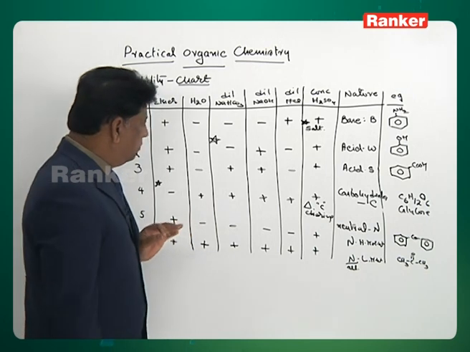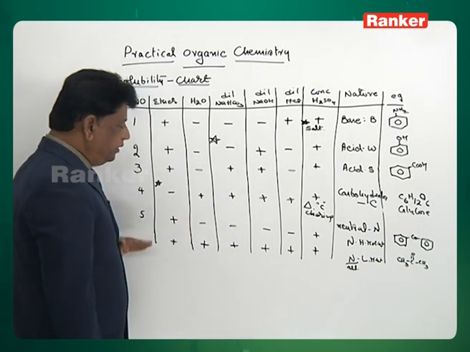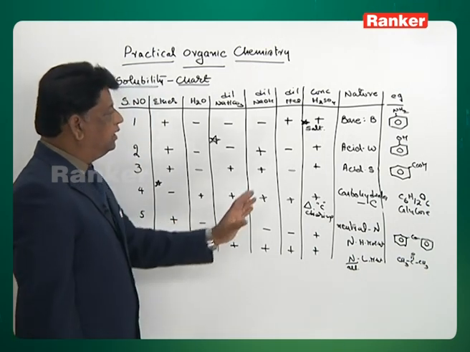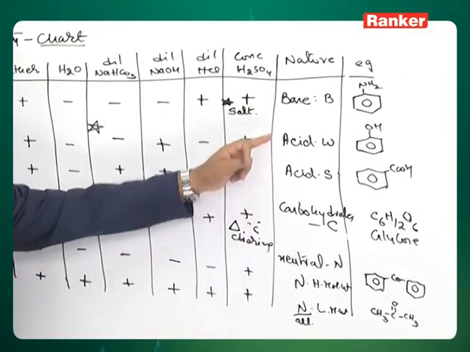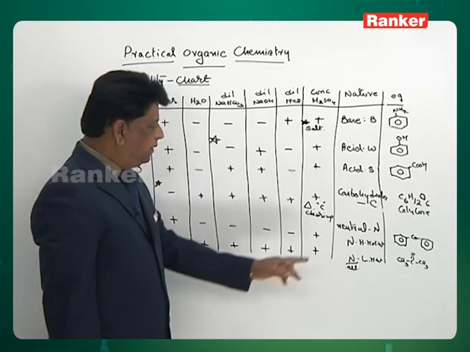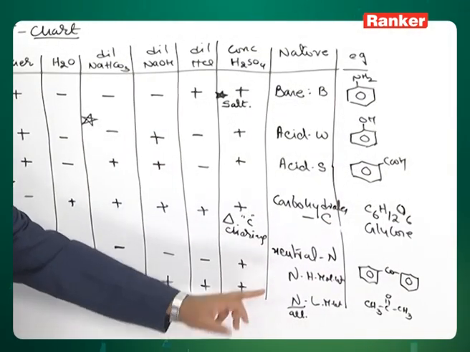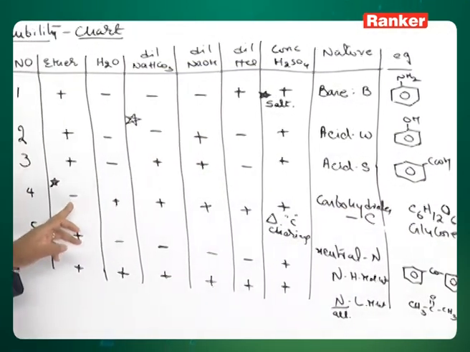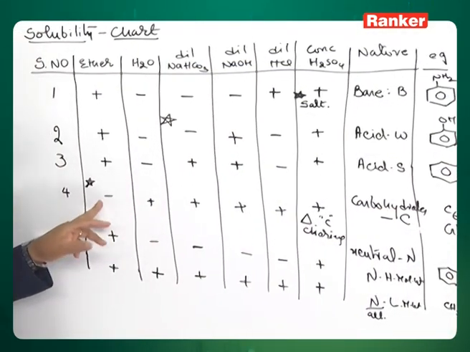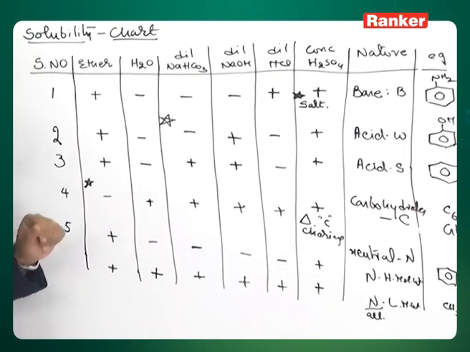By studying the solubility of the given compound, one can conclude whether it is basic or acidic, a weak or strong acid, a neutral compound with high or low molecular weight, or the abnormal behavior, that is water soluble and ether insoluble.